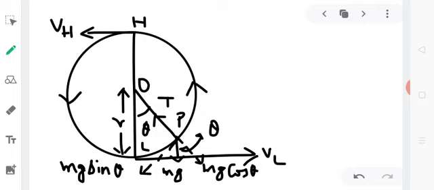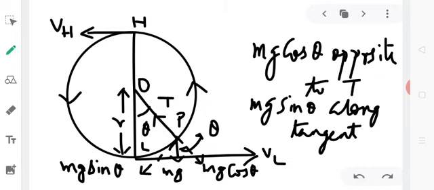The forces acting on the body are weight mg of the body acting vertically downwards, tension T in the string acting along PO. Now, mg can be resolved into two rectangular components: mg cos theta opposite to T and mg sin theta along tangent to the circle at P.